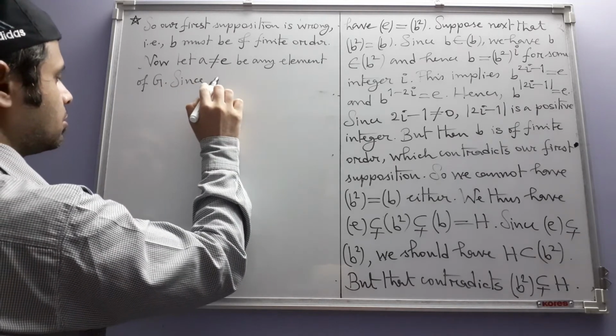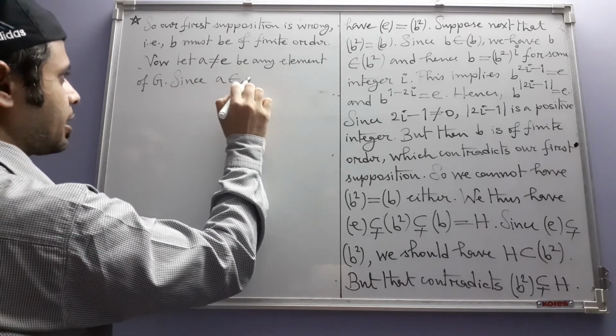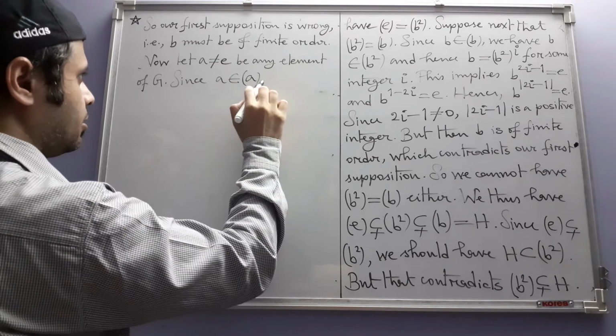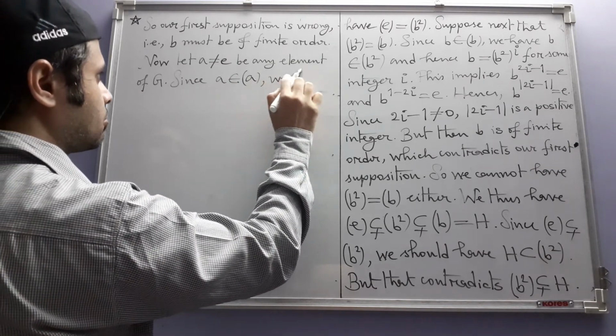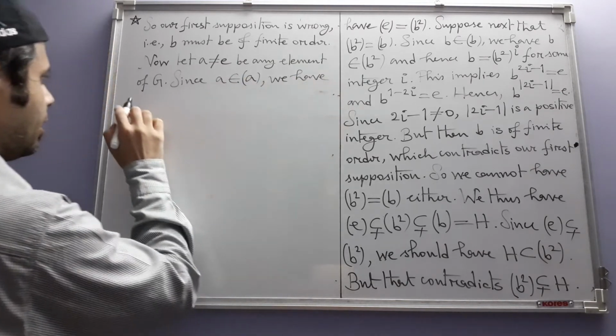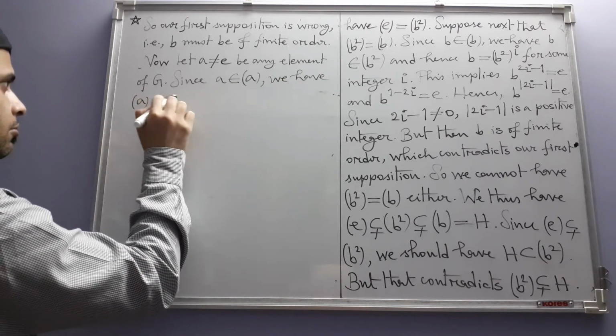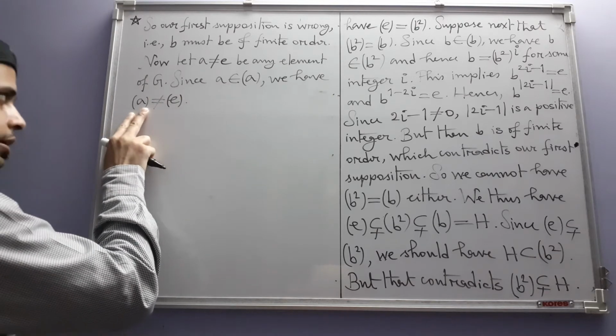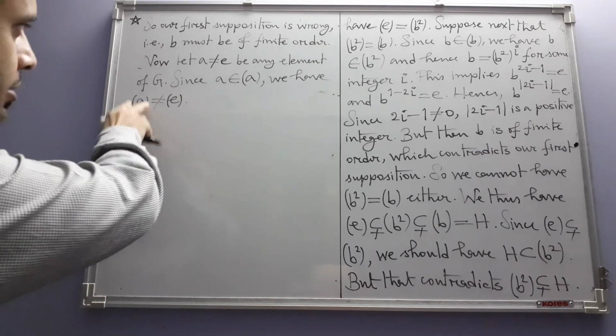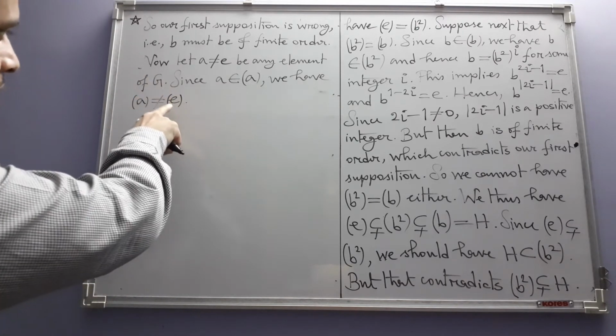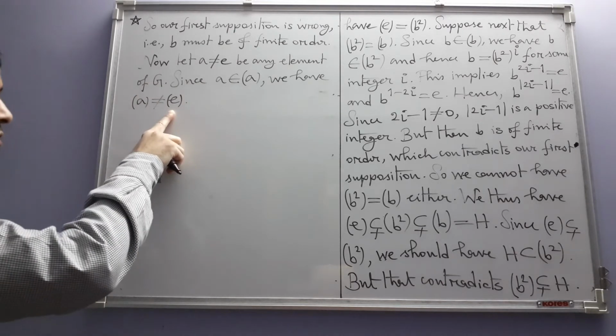Since A belongs to the cyclic subgroup generated by A, we have this. So again, the cyclic subgroup generated by A is a subgroup of G that is different from the trivial group.